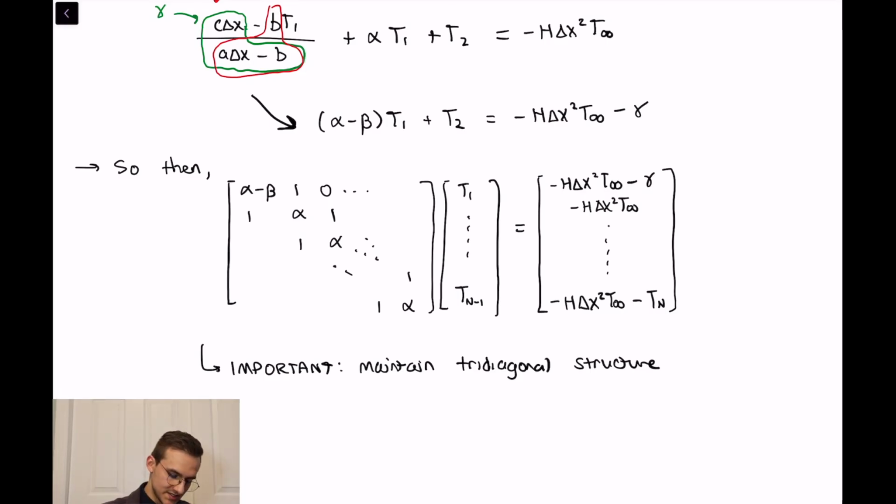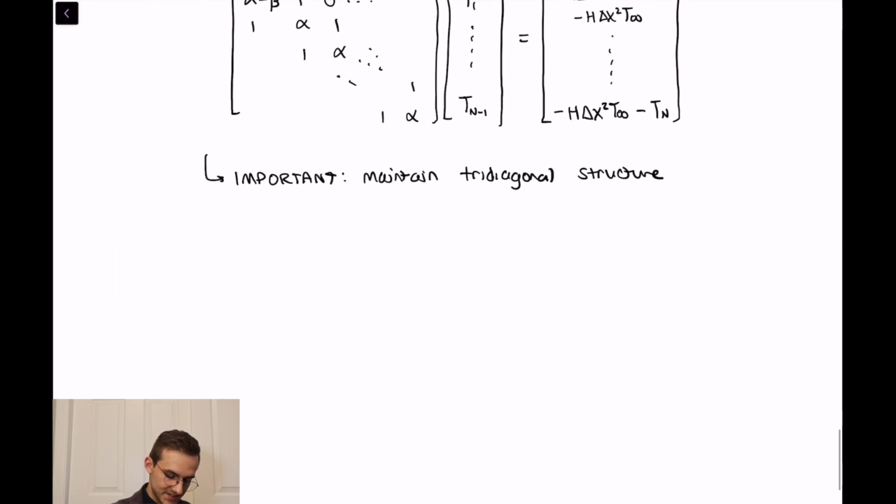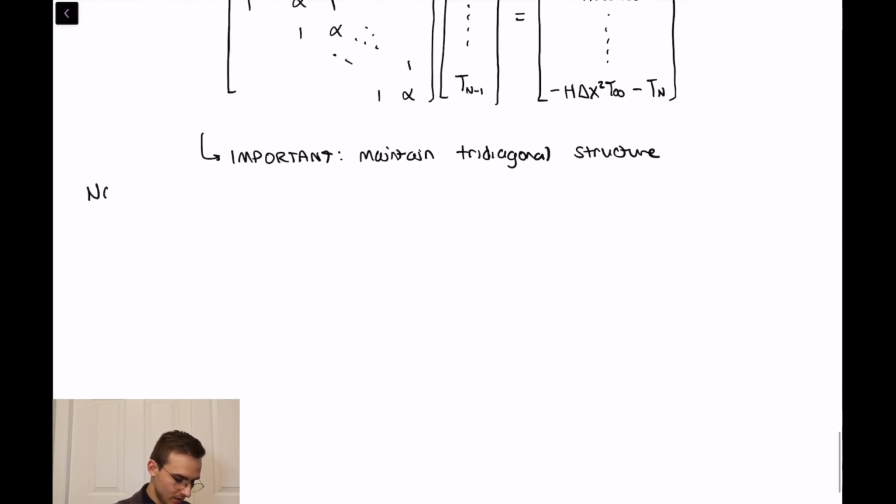Okay, so let's go over a couple of notes about this direct method. Remember, for the boundary condition equations that we discretize, you have to approximate the gradient at the boundary using an appropriate formula.